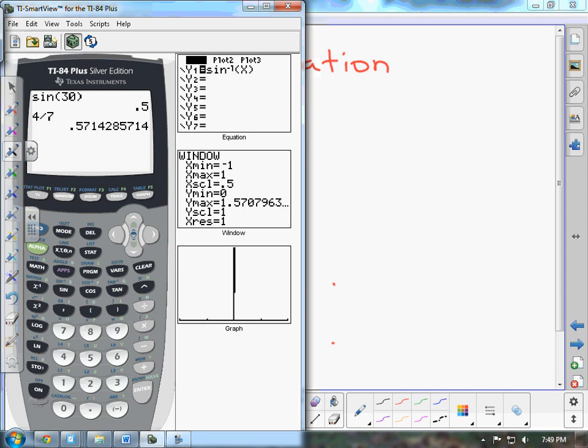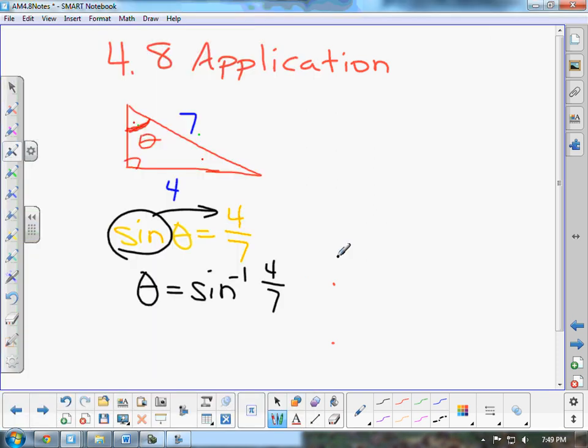Then you hit second sine and the answer you just got, and hit enter, and that tells you the angle is approximately 34.85 degrees. So theta is approximately 34.85 degrees.